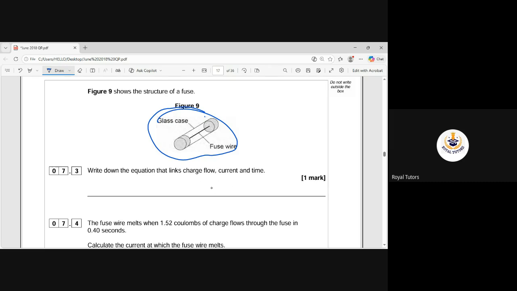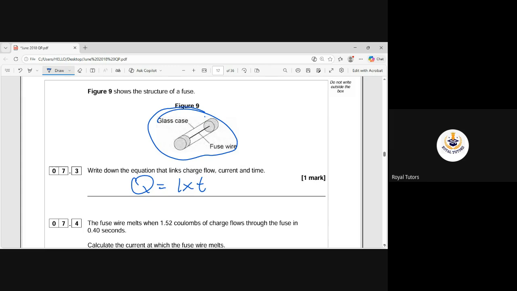Basically, charge flow equals current multiplied by time, which is Q equals I times T. So this is the equation that links all of them together.